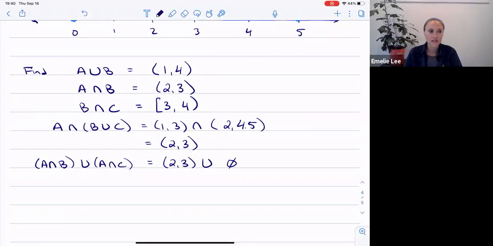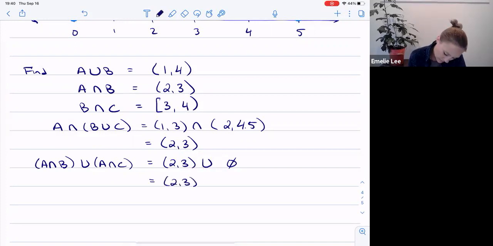It's still a set, and we can do that, right? The interval from 2 to 3 or the empty set, it can be either one of those. So that means it's going to be 2 to 3. Again, notice that these two are the same, right?